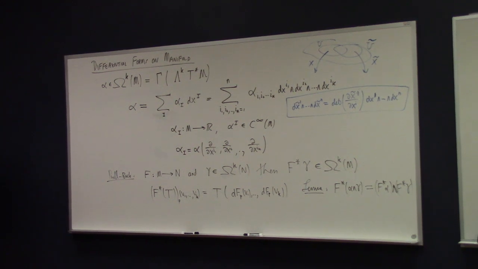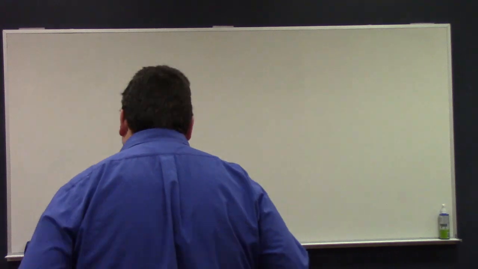So there are various ways to define the exterior derivative, right? The approach that Lee takes is actually quite ingenious. He basically defines the exterior derivative for differential forms in Rn, if I understand his argument correctly.